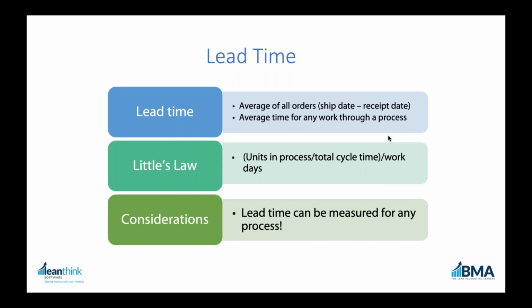Now, I learned this lesson in my first job as a chief financial officer in a manufacturing company, where we embarked on a lean transformation. We were very, very successful, and I learned a lot. But what the lean leadership focused on was lead time.